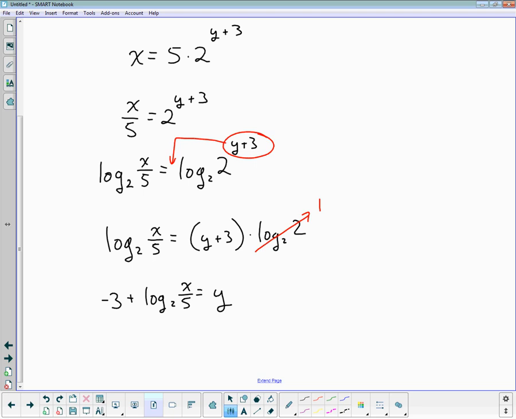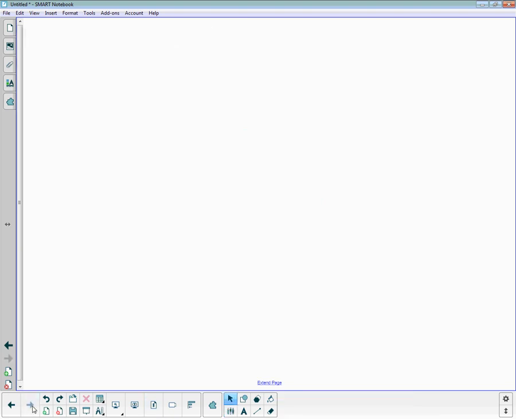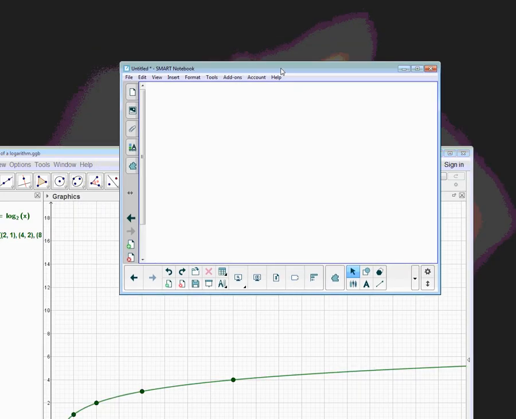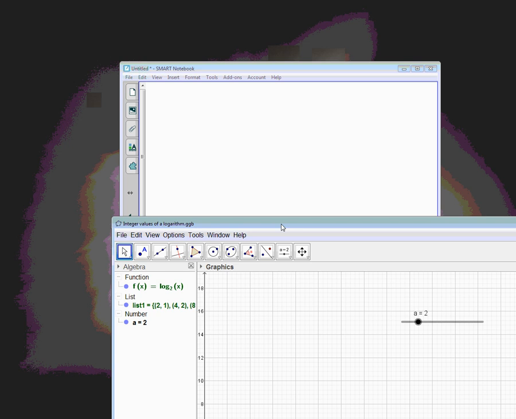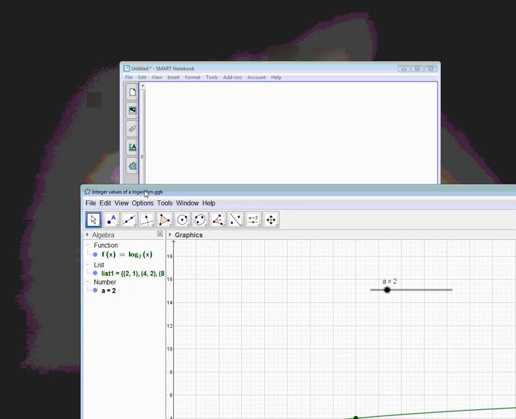Okay, one thing about inverses is that when you graph them with the parent function, the original function, you get a certain effect. So, for example, I have it here already.